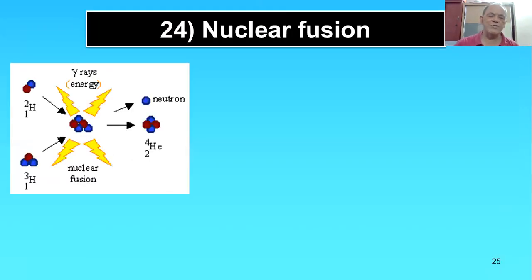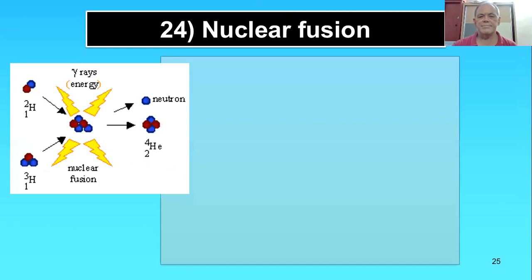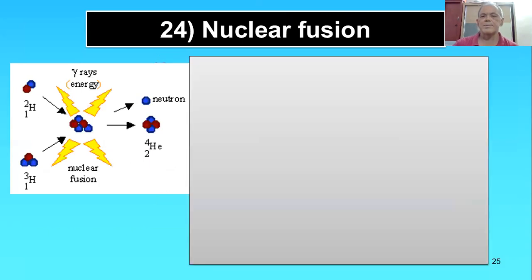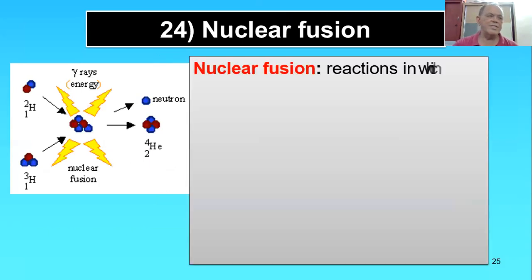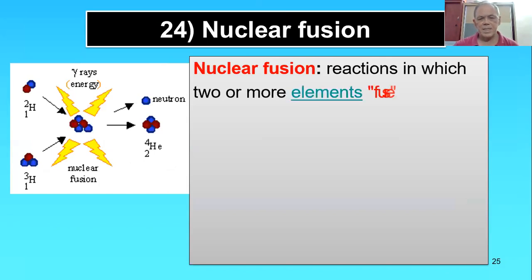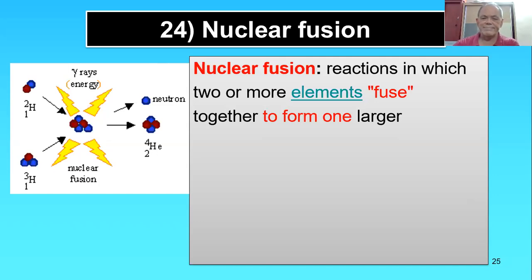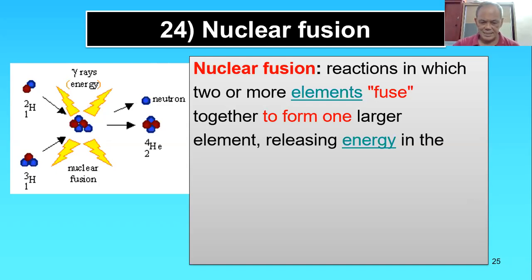Okay, let's look at nuclear fusion. Nuclear fusion is a reaction in which 2 or more elements fuse. Usually these 2 elements are lighter, not heavier ones, lighter ones, fusing together to form one larger element, releasing energy in the process.